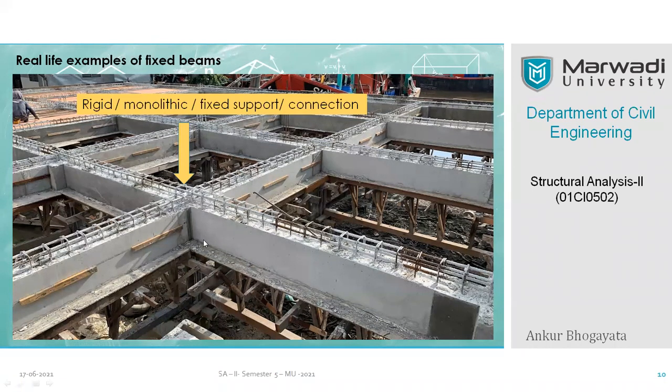Here you can see that this joint is highly interwoven by means of rebars. That is the first thing. You can see there is a little difference in the height of this beam. Where the cursor is moving right now, this beam is getting inserted in this main beam.